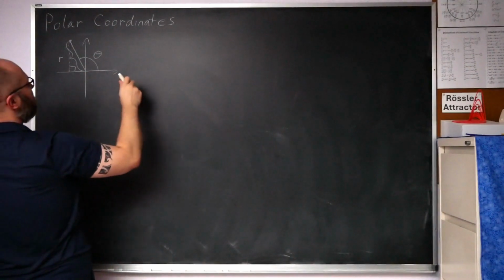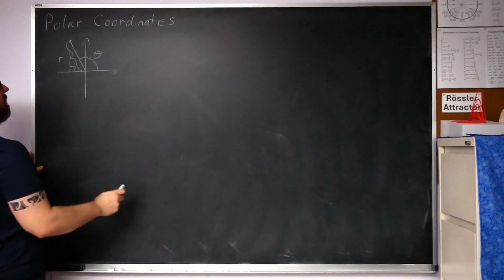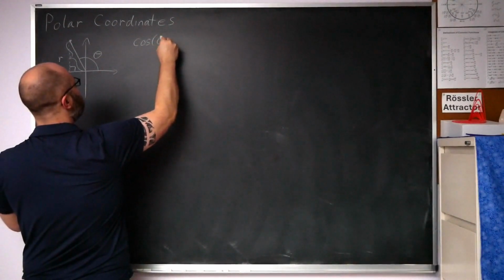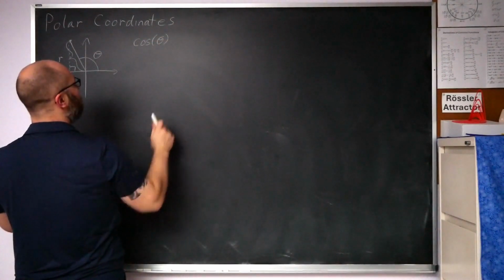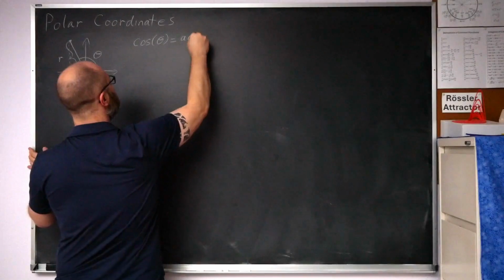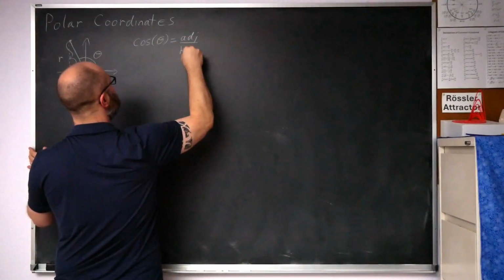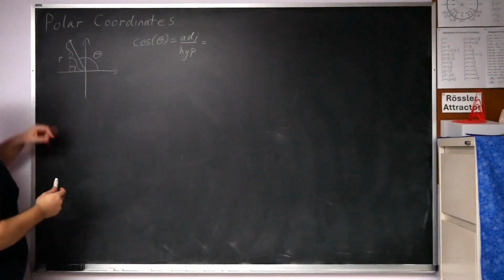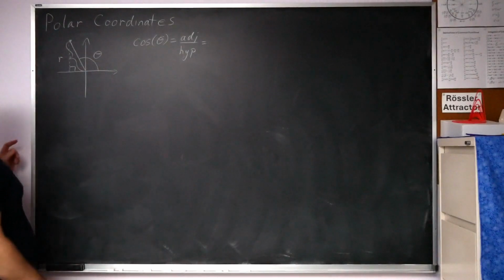We have an r theta point. We want to figure out what x and y are. Well, we can use some trig functions for that. So what if I take cosine of the angle theta? Well, cosine of theta is supposed to be the adjacent over the hypotenuse. And the hypotenuse in this case is the length r. That's what it's defined as.